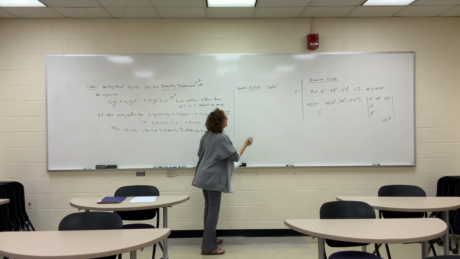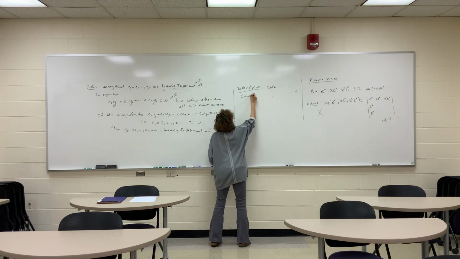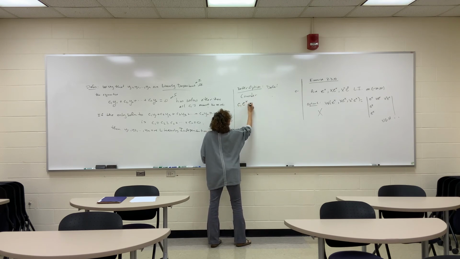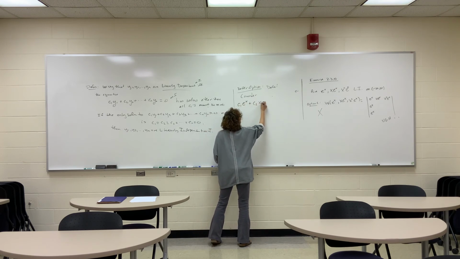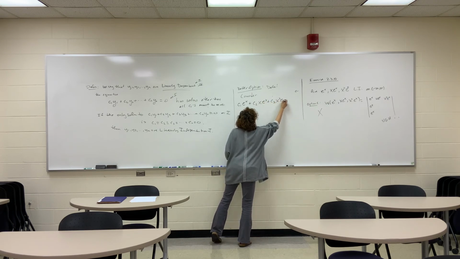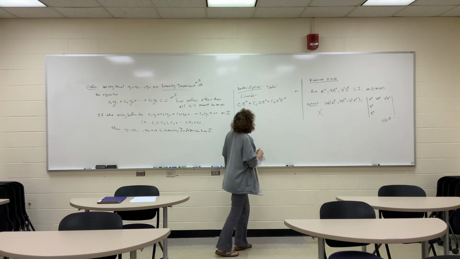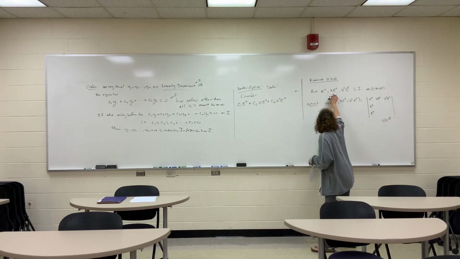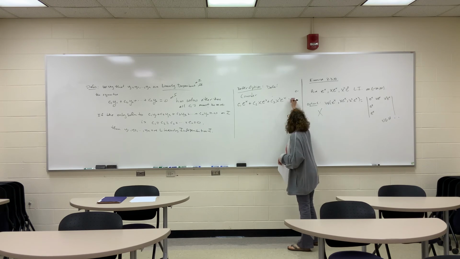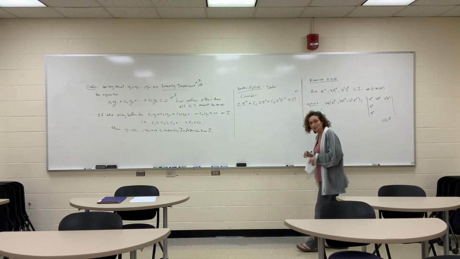So what do we do? We consider the equation c1 e to the x plus c2 x e to the x plus c3 x squared e to the x, right? A linear combination of y1, y2, y3: c1 y1 plus c2 y2 plus c3 y3 equal to 0, right?